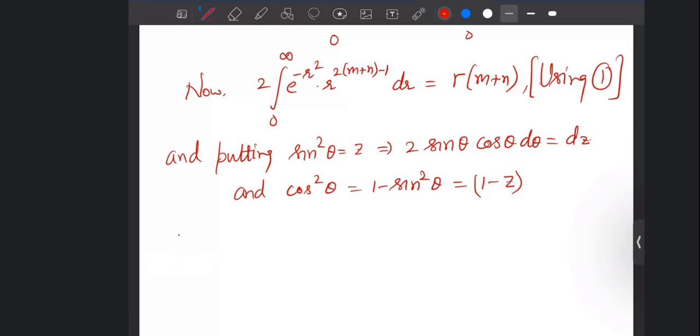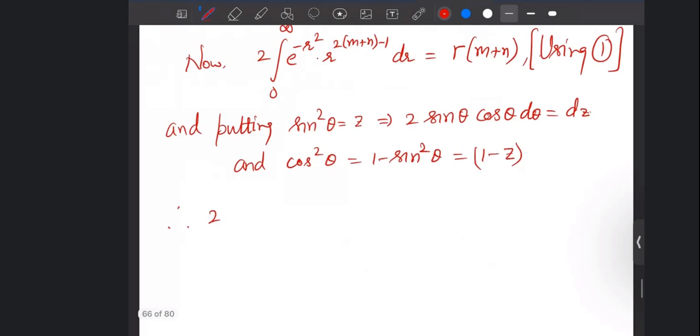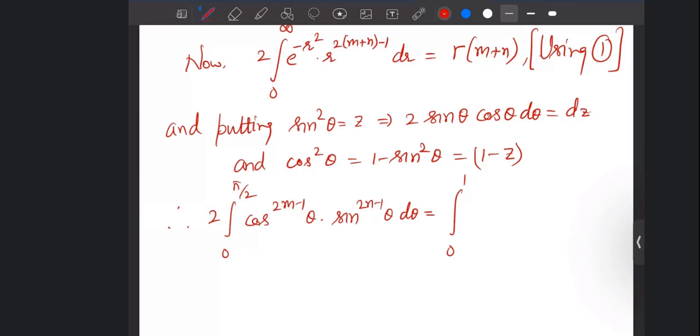Therefore, twice the second integral, twice the integration 0 to pi by 2 cos raised to power 2m minus 1 theta into sine raised to power 2n minus 1 theta d theta will become the integration 0 to 1, after replacing the limits in this substitution.